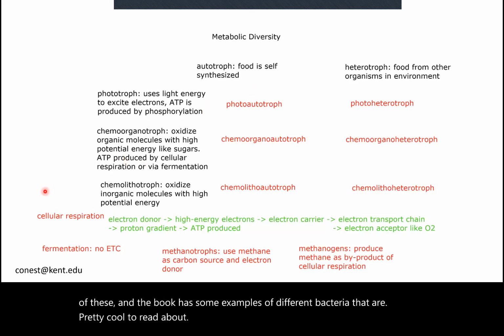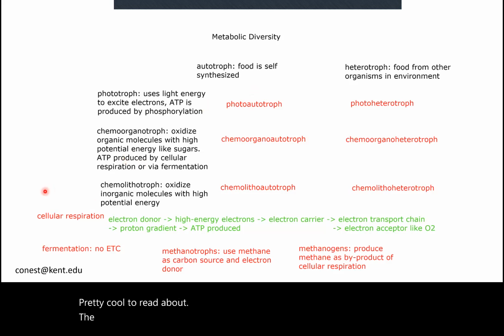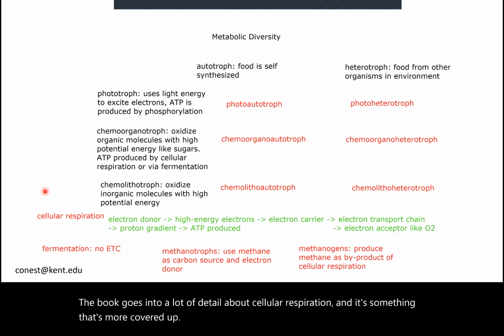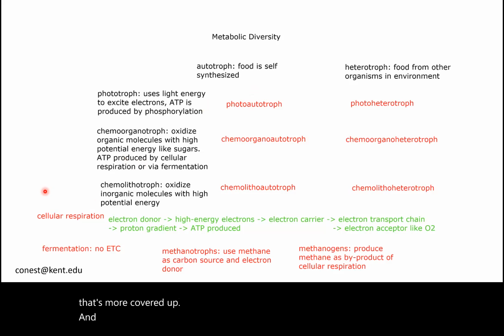The book goes into a lot of detail about cellular respiration, and it's something that's more covered in, I think, biological foundations. But I provided a general overview of it. The first step is enzymes take some electrons off an electron donor.